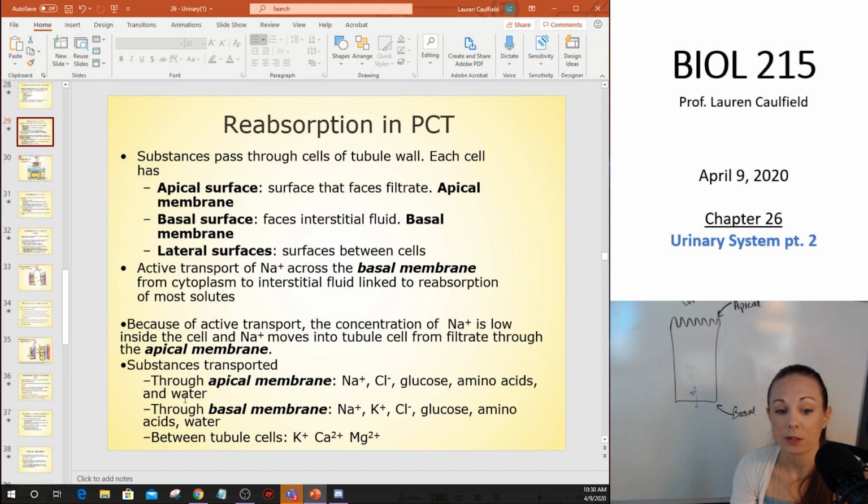Again, we need to reabsorb that water because we just lost 1/5 of our plasma volume in forming this initial filtrate. So we need to make sure that we pick that up so that we can maintain our blood pressure and return that water to our plasma.